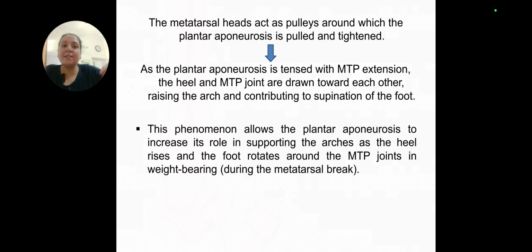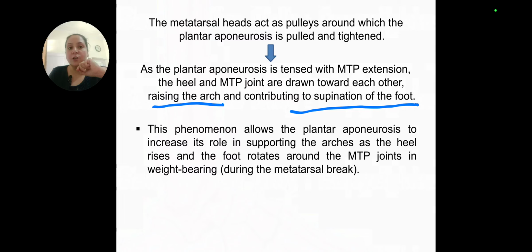So the metatarsal heads basically act as a pulley for the plantar epineuritis, in which the plantar epineuritis is pulled and tightened. As the plantar epineuritis is tense at the MTP extension, the heel and the MTP are drawn towards each other, raising the arch. It brings about the rising of the arch and supination of the foot takes place.